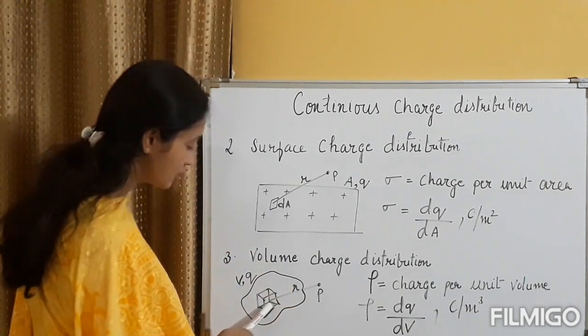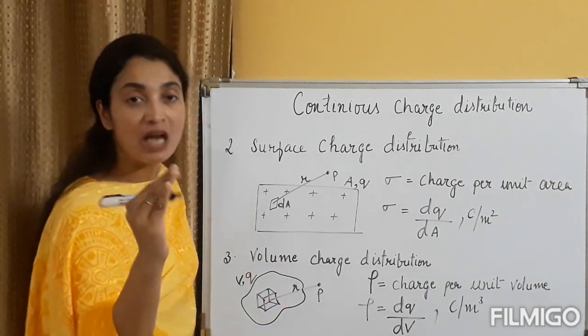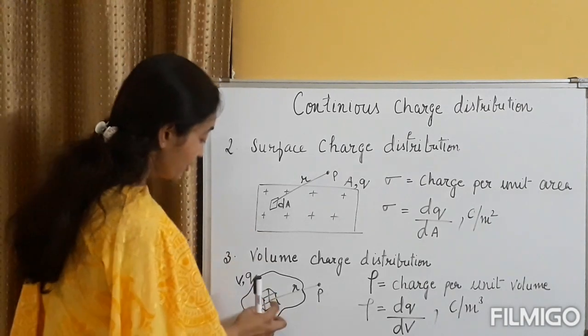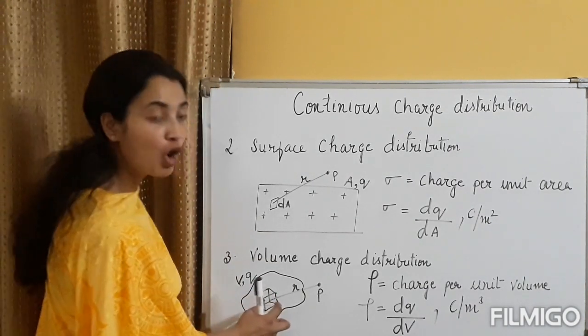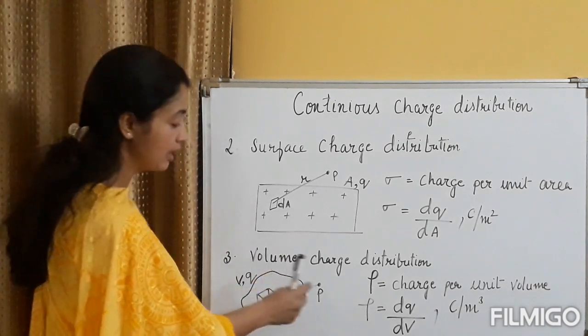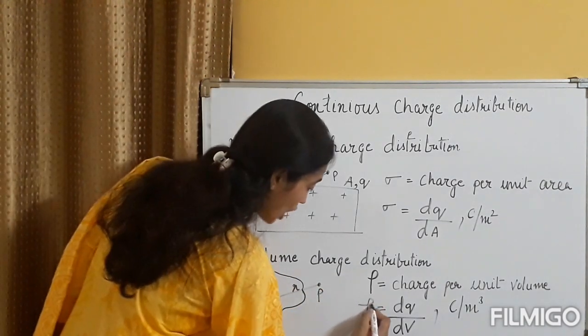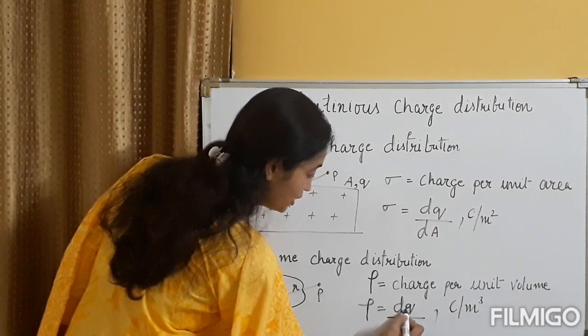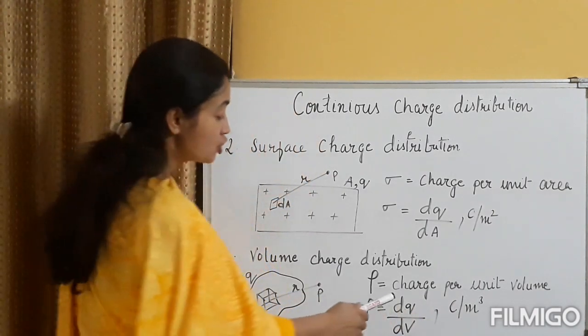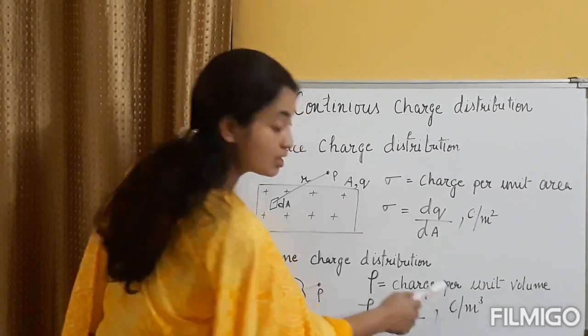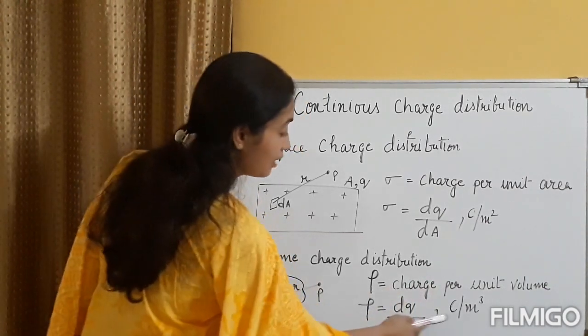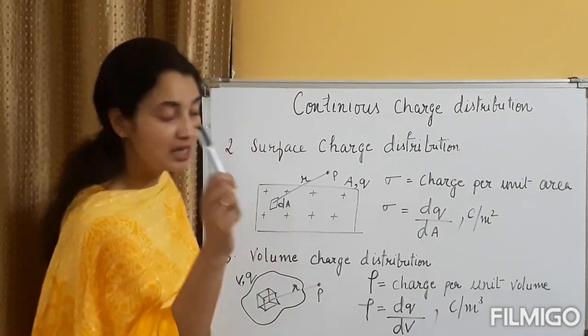We are interested in a small volume, three-dimensional space. So we have to calculate the charge present in this small volume of this complete body. That is charge per unit volume, dQ upon dV. Units will be obviously coulombs for charge and dV will be meter cube, three-dimensional.